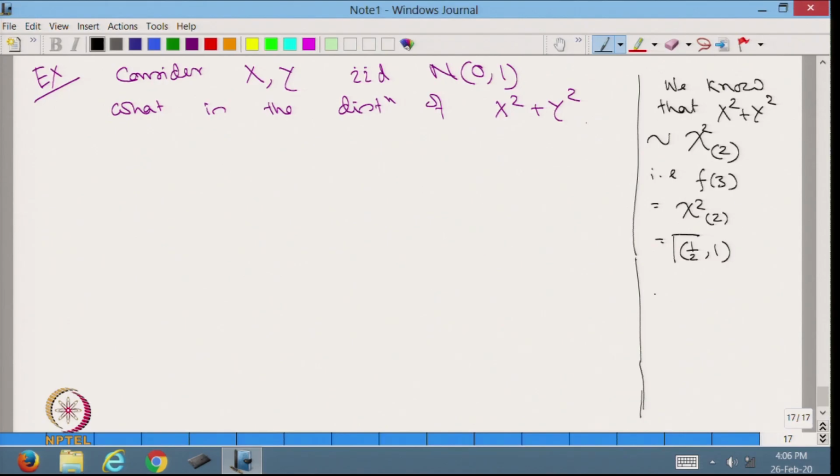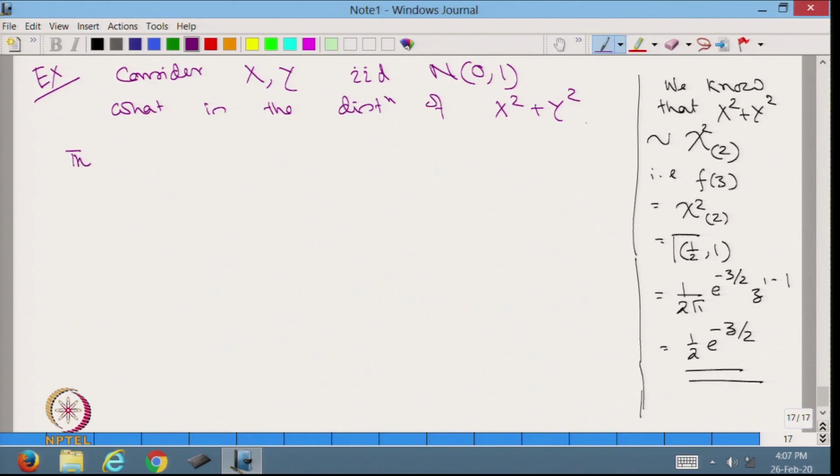and gamma with half comma 1 is equal to lambda power alpha upon gamma alpha, e to the power minus lambda x, x to the power alpha minus 1. Therefore, this is going to be half e to the power minus z by 2. So, we know the PDF anyway. Let us now solve this problem using the above method.